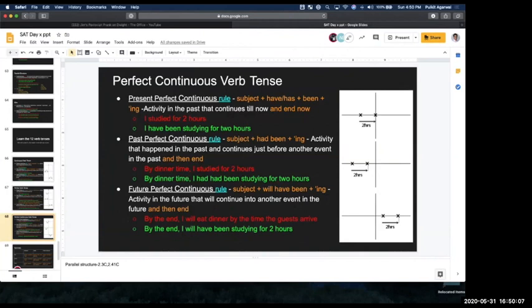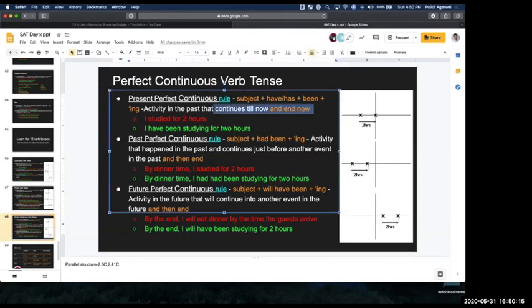So it happens, continues till now, and ends now. It does not keep continuing. Whereas in the past, it continues till just before another event in the past and then ends. And here, it continues into another event in the future and then ends.